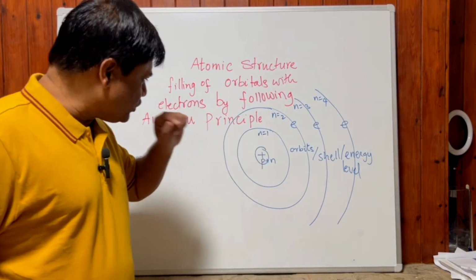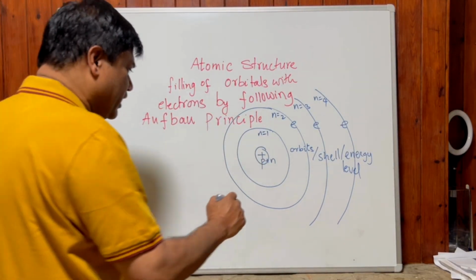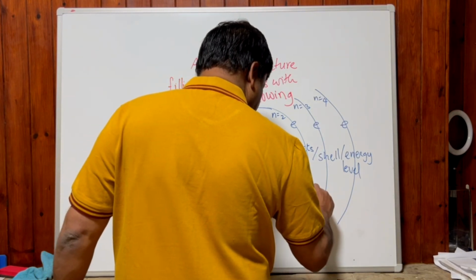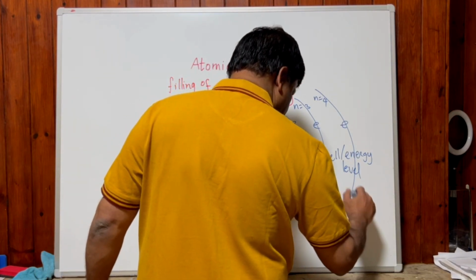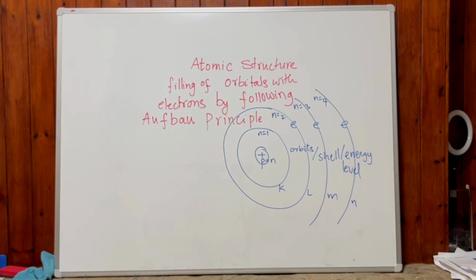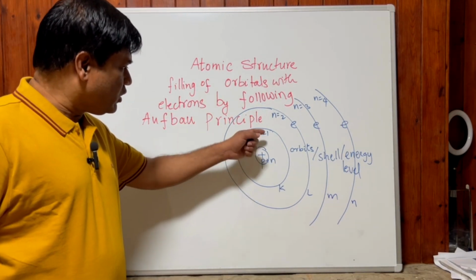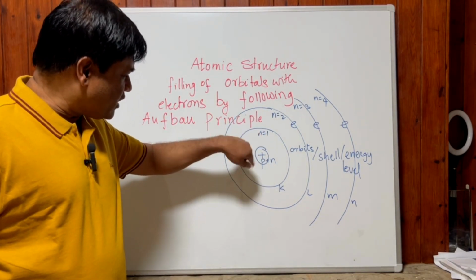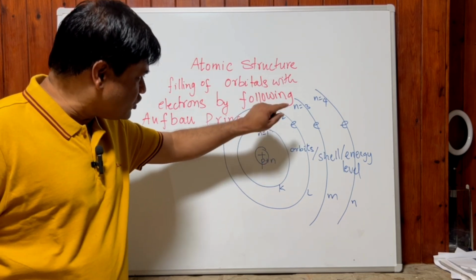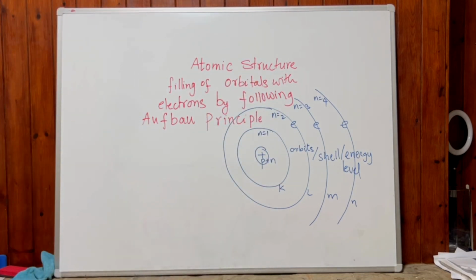The first one is close to the nucleus. We name them K, L, M, N, or n equals 1, first energy level, second energy level, third energy level, fourth energy level.